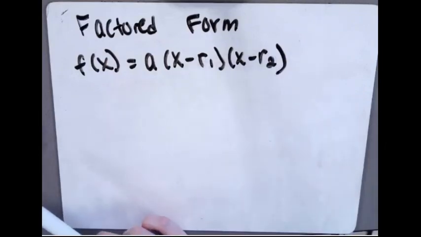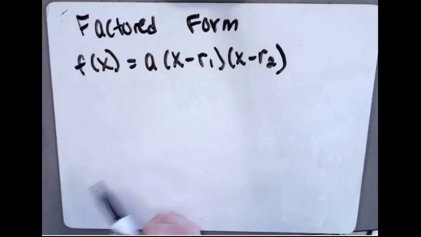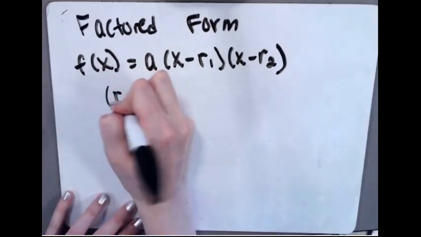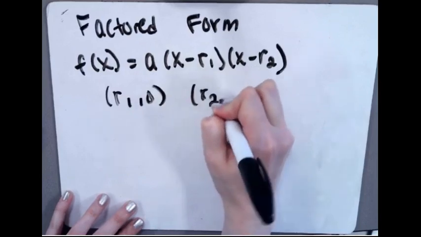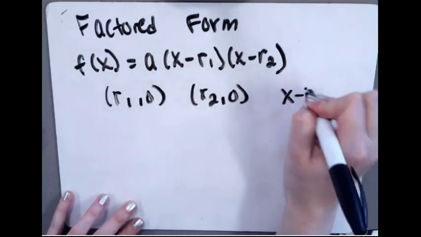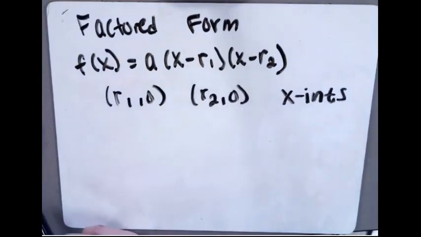They're not the same r. A key feature that we can see in factored form are the x-intercepts of the graph. So those r1 and r2, whatever numbers are being subtracted in the parentheses, are the x-intercepts of the function.